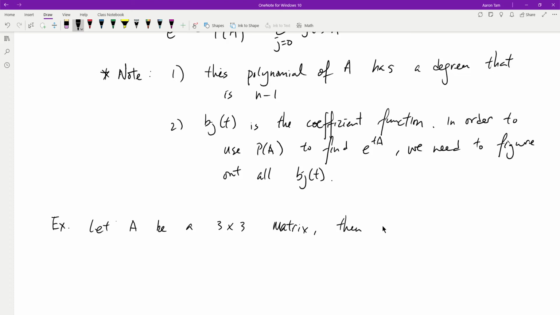Then what theorem 13.2.3 basically states is this. Theorem 13.2.3 states that e to tA is actually equal to something like this.